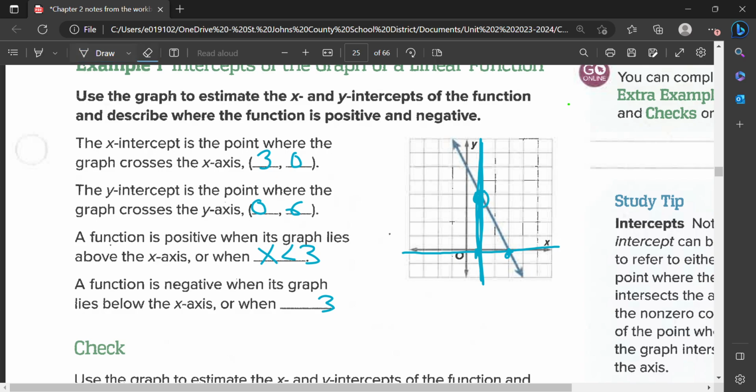Therefore, x will be less than 3 and it will be above the graph. So when x is greater than 3, it'll be below the x-axis. Therefore, it'll be negative.